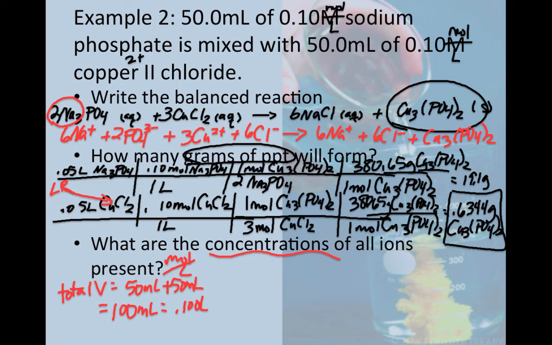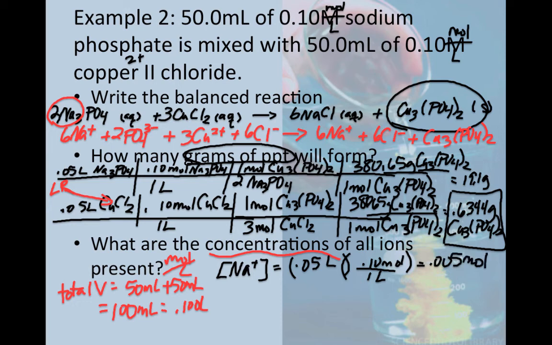No whining. Let's start with sodium ions. Might as well, right? So my concentration of sodium ions, first I need my moles. So take your volume times your molarity. And that's going to give us moles. Like 0.005 moles.